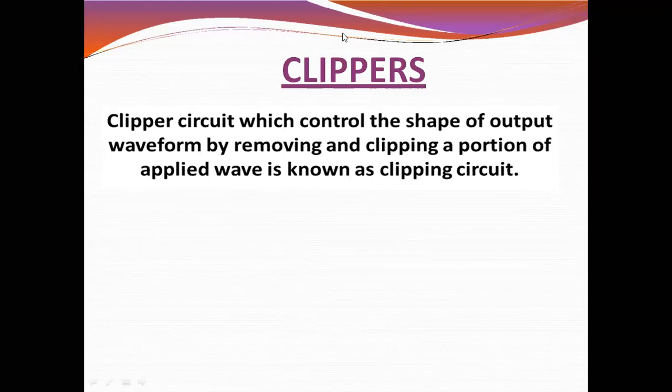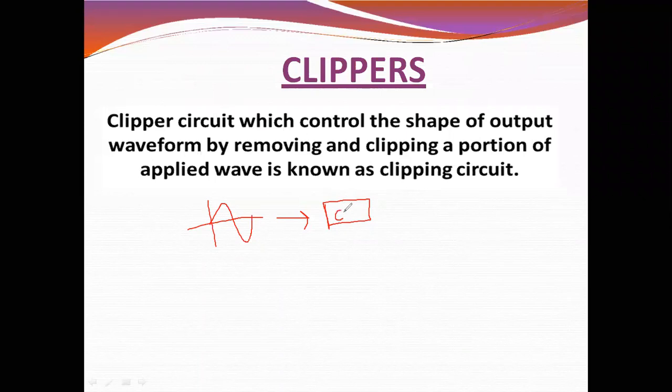What do you understand from this point? I said, a clipper circuit controls the shape of the output waveform by removing or clipping a portion of the applied wave. This is the applied wave. If I apply a sinusoidal input to this clipper circuit, I am assuming this is the clipper circuit.